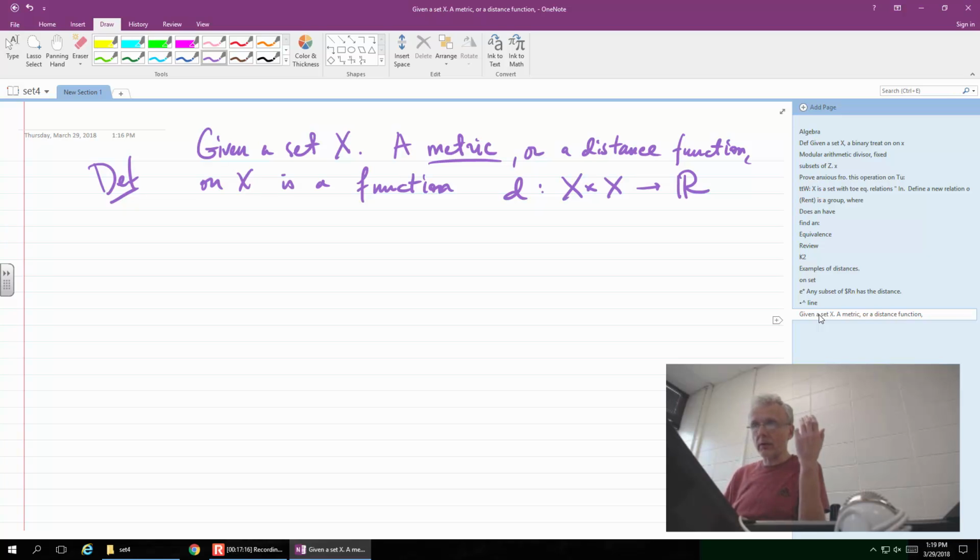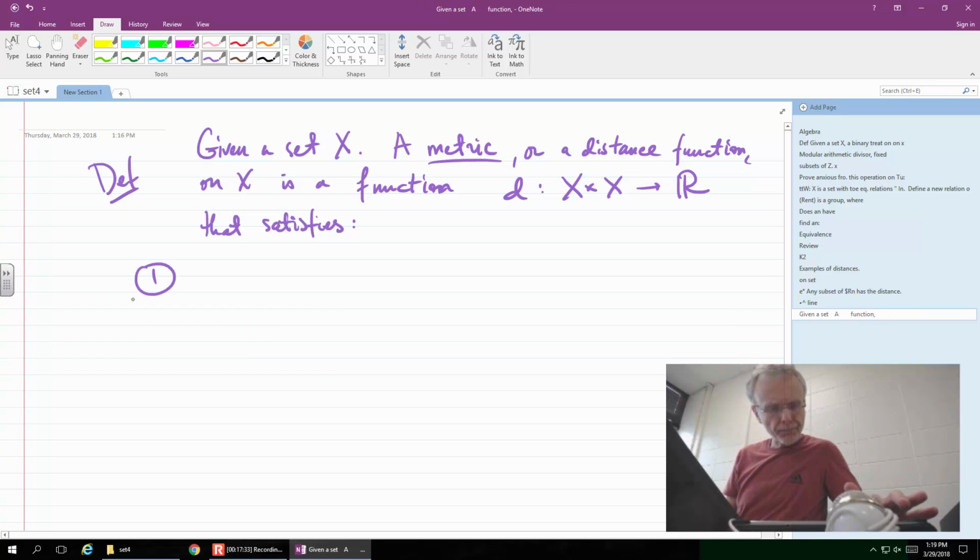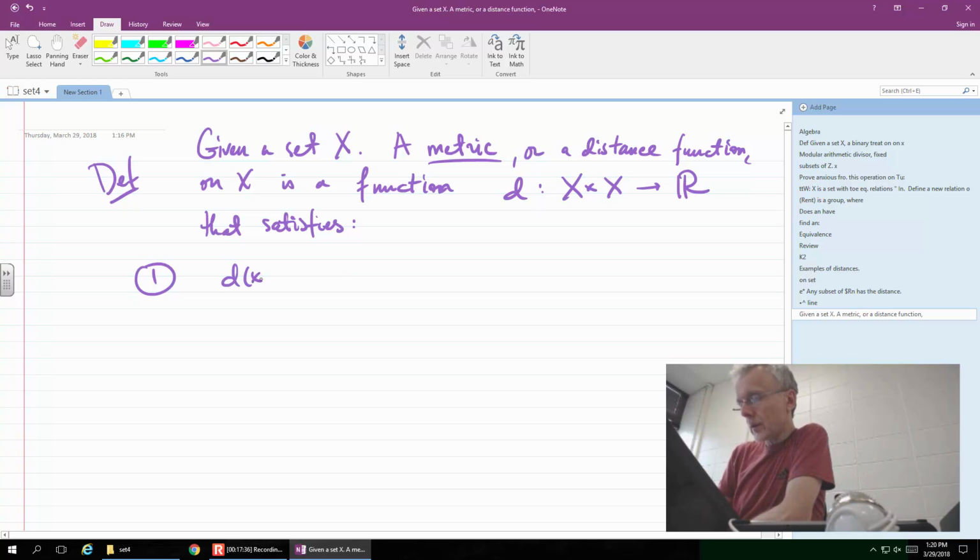Just like with the group, there are axioms to be satisfied. We already know what they are. So the first one is d(x,y) greater than or equal to 0, called non-negativity.